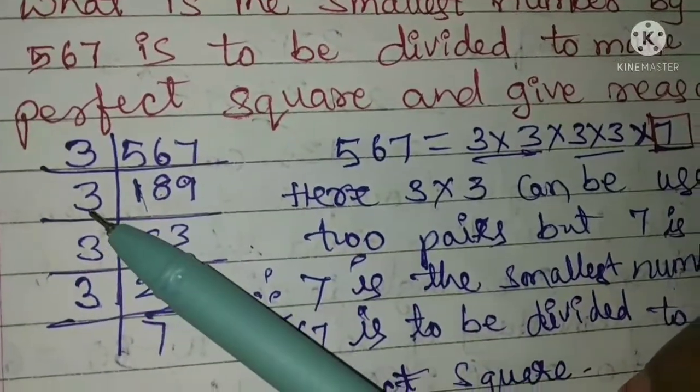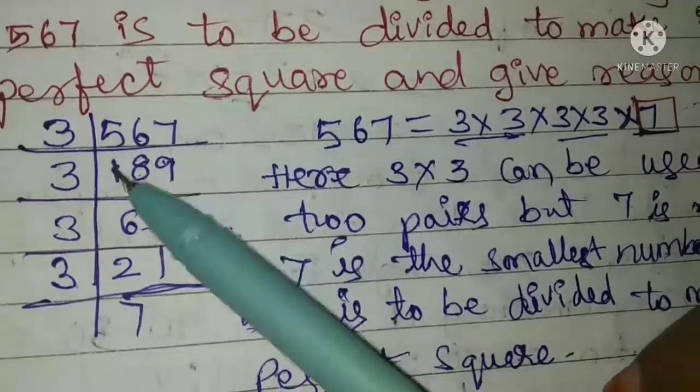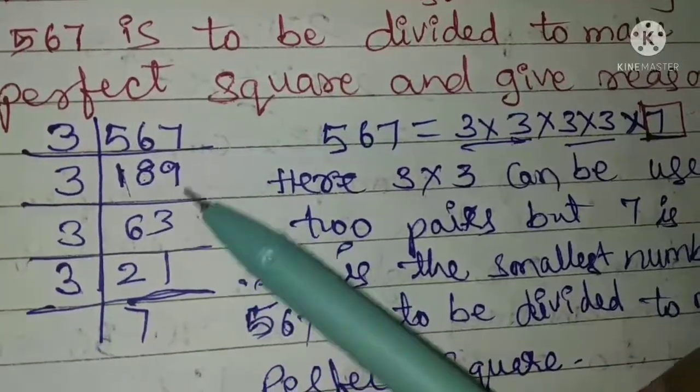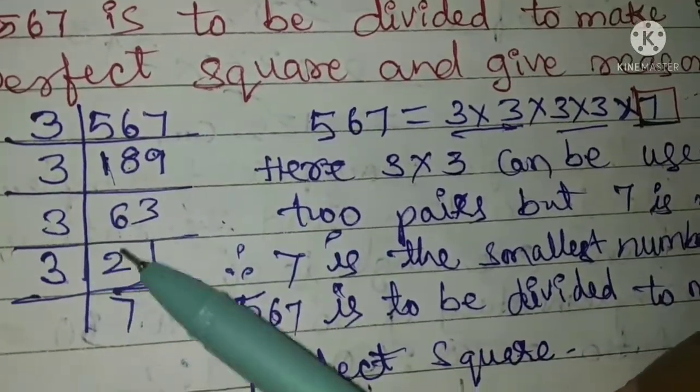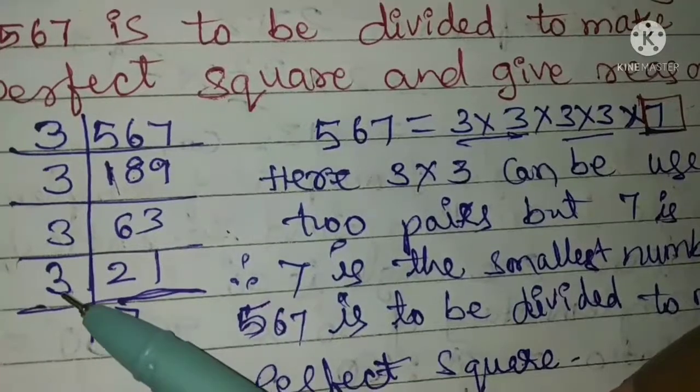Next, again with the 3 table, 3 6s are 18 and 3 3s are 9. Now with the 3 table, 3 2s are 6, 3 1s are 3, and again with the 3 table, 3 7s are 21.